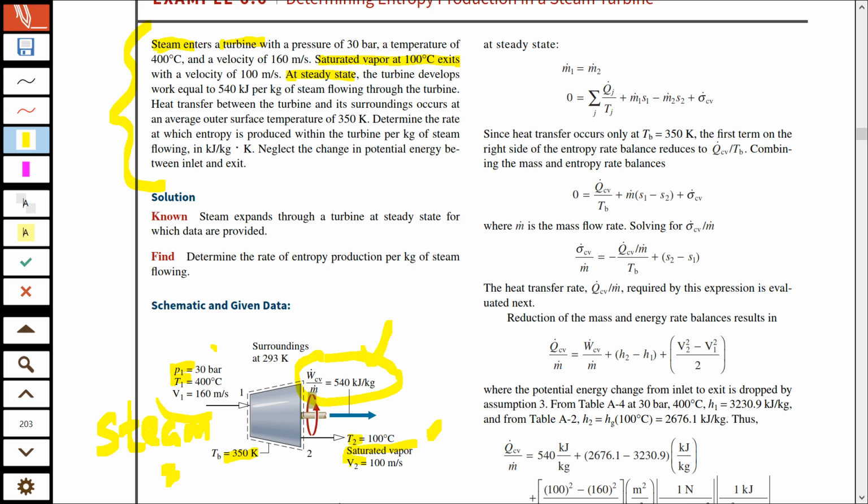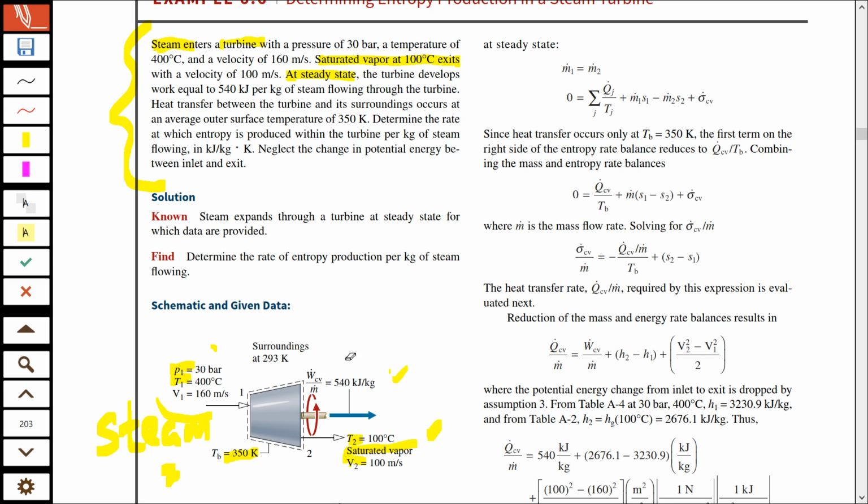Now, work developed by this turbine per unit mass transfer is 540 kilojoules per kilogram. Can you see anything wrong with this equation on the left hand side? No, I think there's nothing wrong. That's correct because the unit outside it is kilojoules per kilogram.